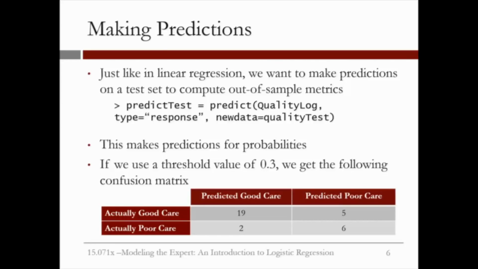So in our test, we utilized 32 cases, and the R command that makes the statements about the quality of the prediction out of sample is illustrated here in the slide.